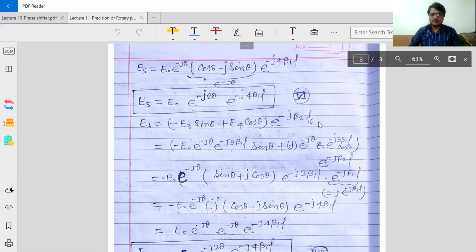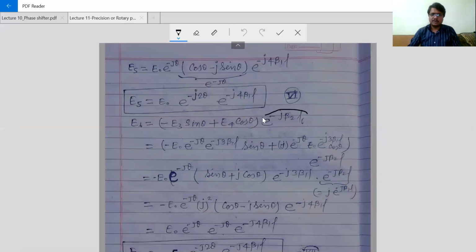Again we know how to put this one. The value of this may be written as j e to the power minus j beta 1 l. That is very simple. From equation 2 and 3, e to the power minus j beta 2l will be written as this.